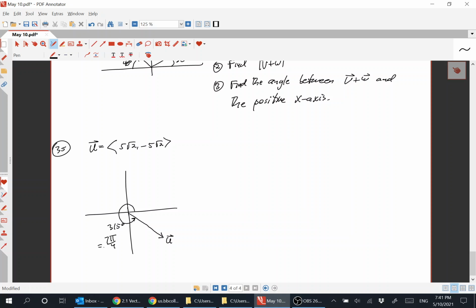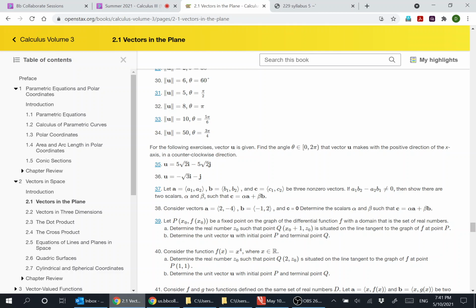Unfortunately, that is not a great example for this. Let me see if they've got another one where the angle isn't obvious. Well, 36. All right, we've got minus root 3, minus 1.